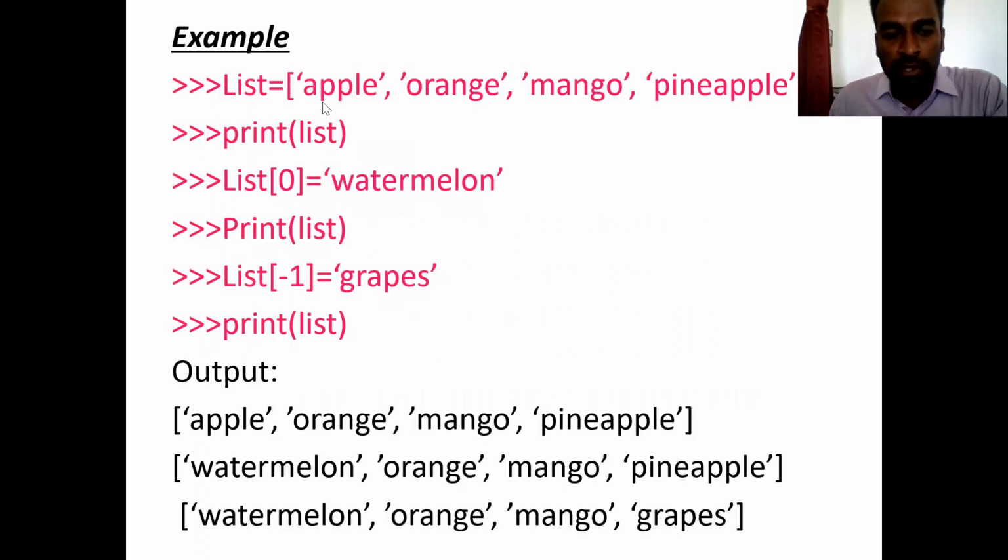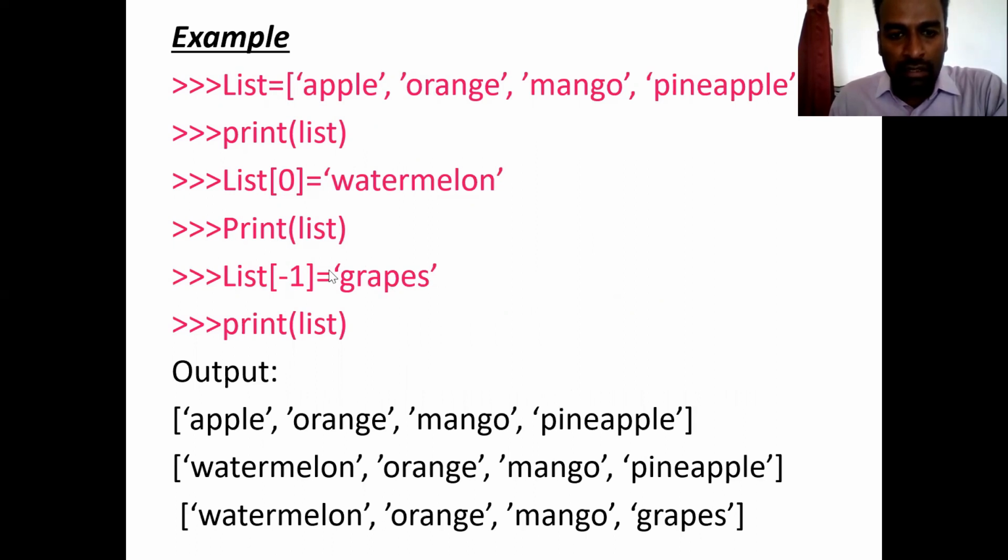So let's see the example. List of fruits: orange, mango, and pineapple. Print the list. Then list of 0 equal to watermelon, to add it at index 0. And then print list. And then list of -1 equal to grapes.